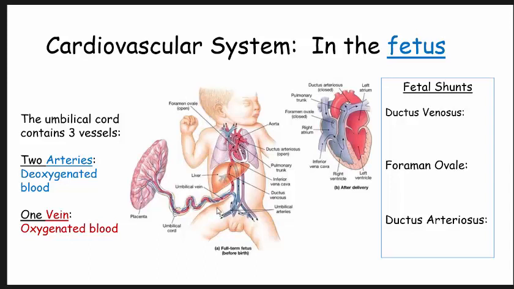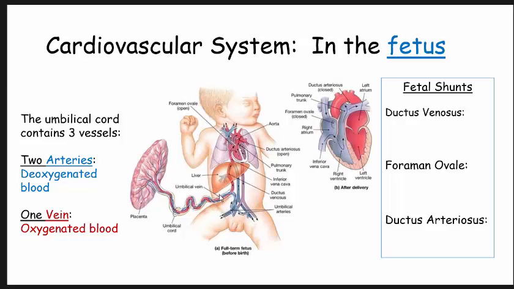Now at birth, when this umbilical cord is clamped, there are some pressure changes that occur, and that pressure change is going to cause that ductus venosus, which is no longer needed, to close. So that closes within minutes after birth once that cord is clamped.